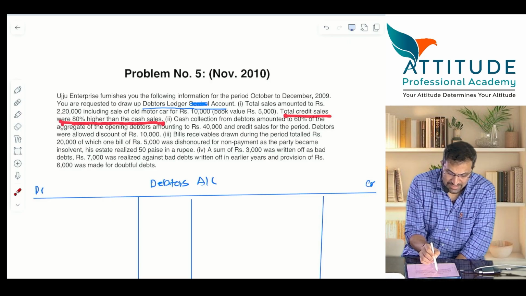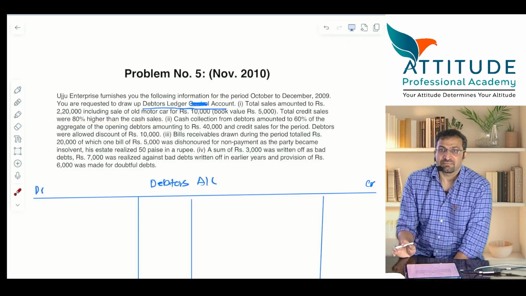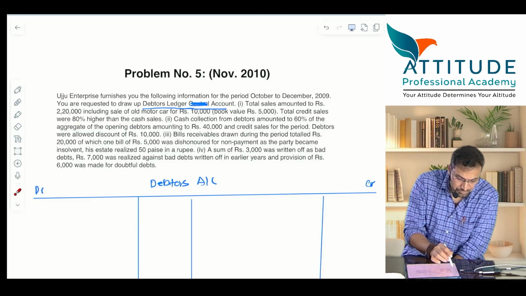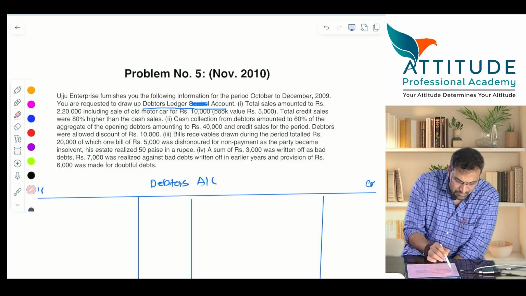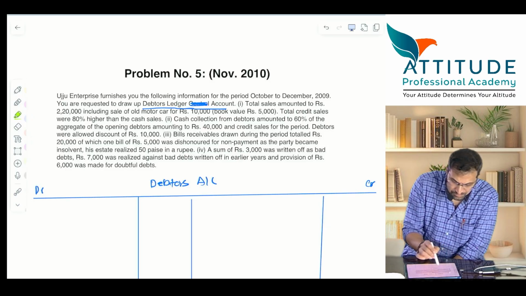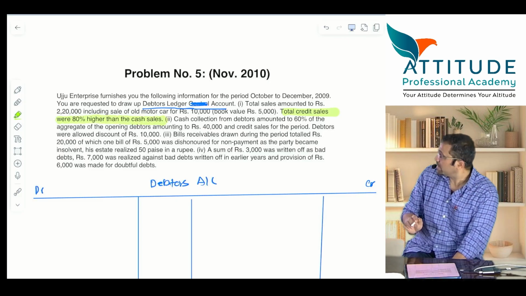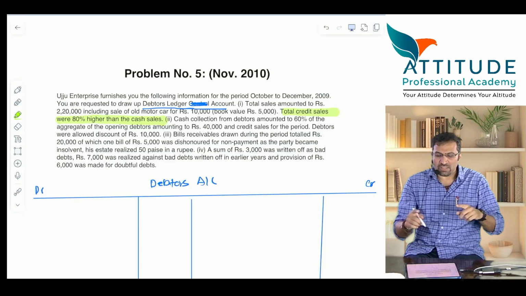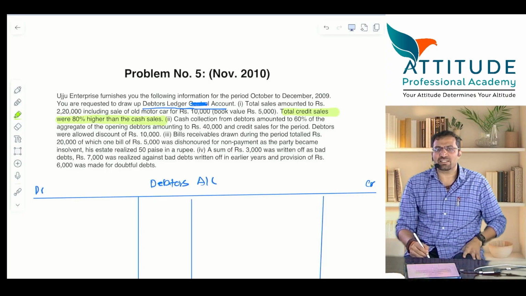They have given some kind of a relationship between what sales? I have marked it also. Tell me how much is cash sales and how much is credit sales?